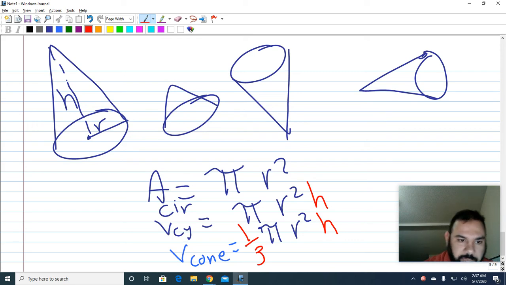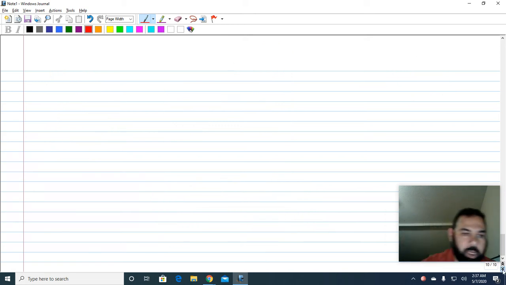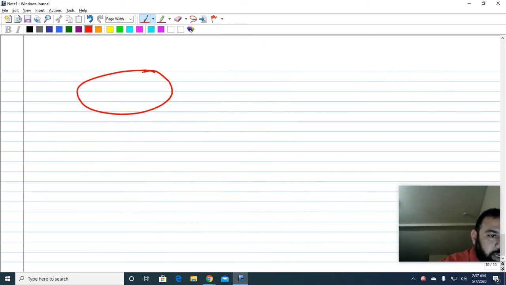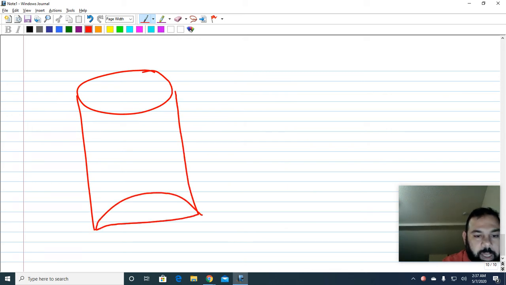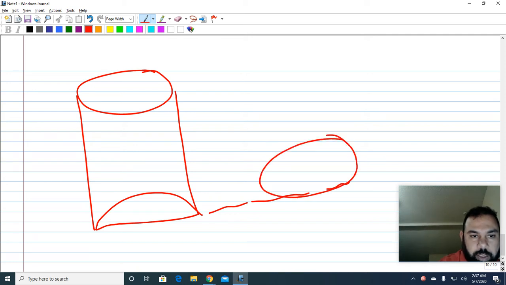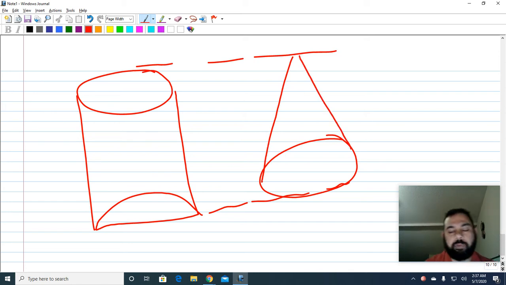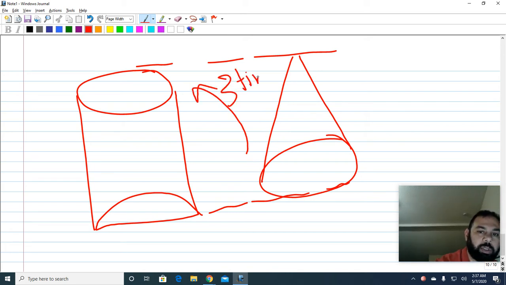Let me draw it in a new page. If you have a cylinder that big here, and you have a cone sitting here with the same height, if you fill this cone up with water, it will take you 3 times to fill up this cylinder.